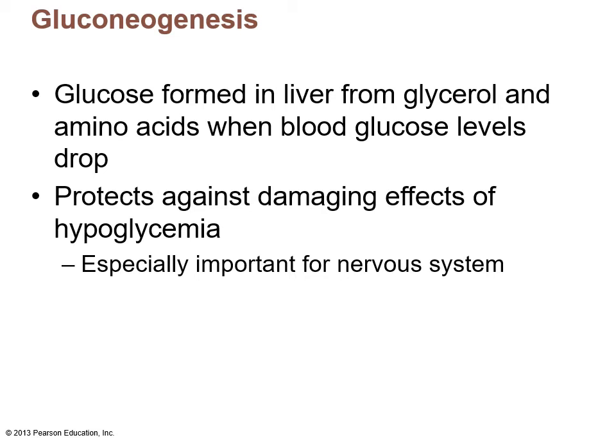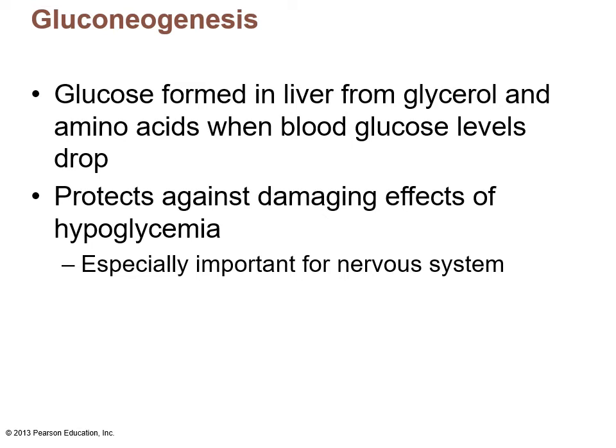So if you don't have enough glucose, you're going to start to use proteins and lipids to make glucose. So glucose is formed in the liver from glycerol, okay, that's part of the fat molecule, and amino acids when blood glucose levels drop. So it protects the body against damaging effects of hypoglycemia.